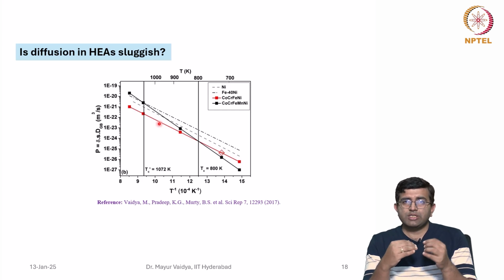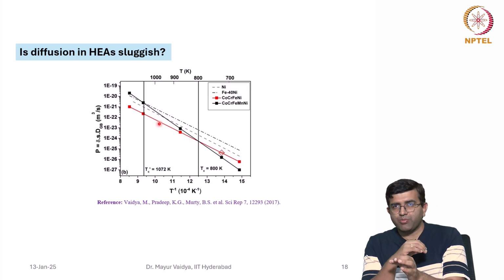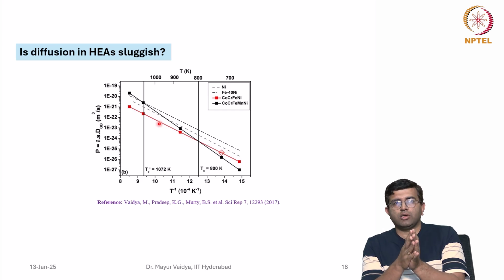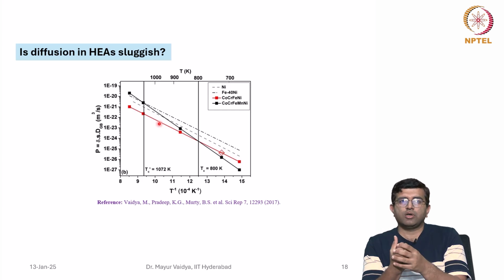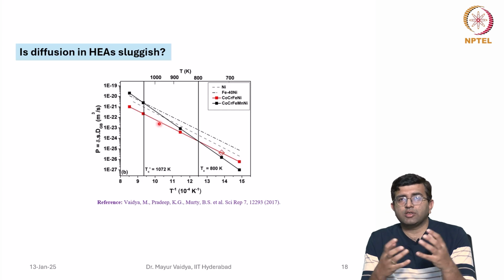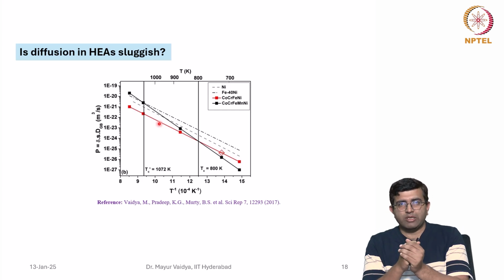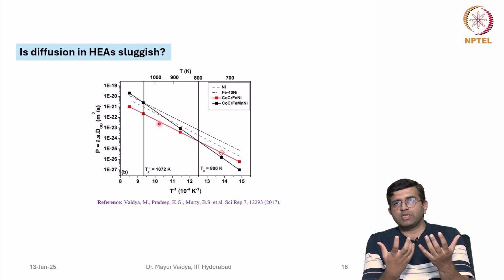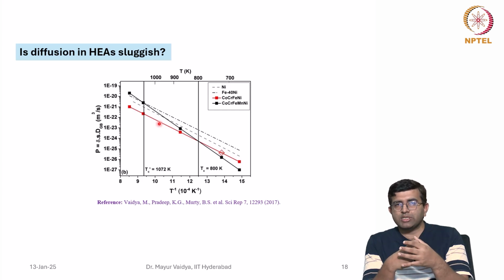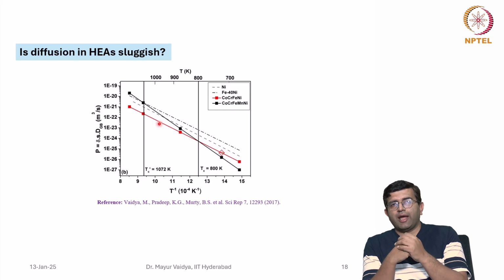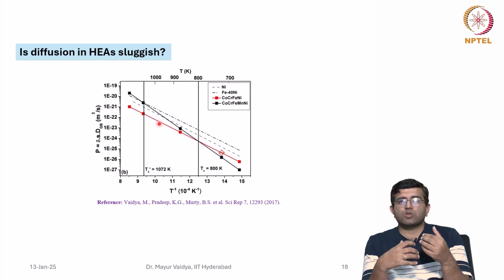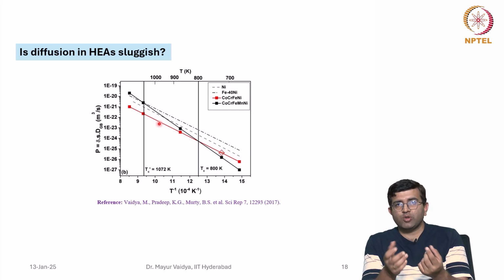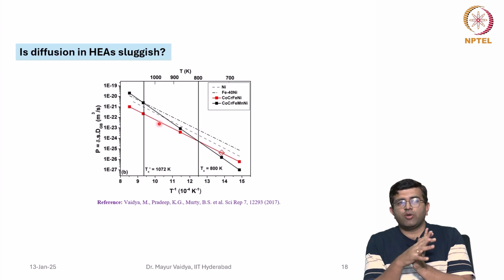it is not just the number of elements which is important, it is the type of elements, because remember diffusion has a lot of dependence on the thermodynamic interactions between the elements. In alloys, diffusion is dependent on the bonds that exist and the interactions that are present between the atoms. So that plays an important role too, more than just the number of elements.